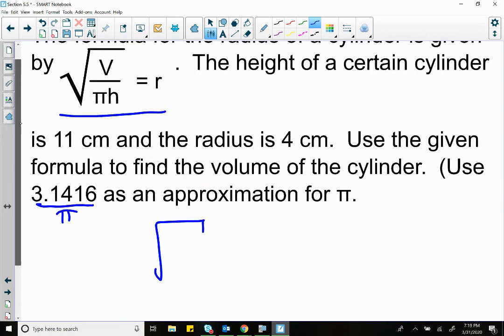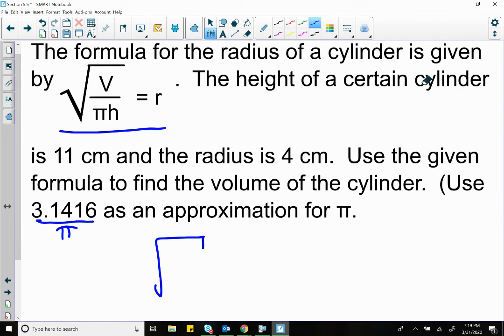So all they want us to do is plug into that. So first things first, it says the height of a cylinder is 11 centimeters. So that's H. So kind of plugging in what I know. Down here, this is 3.1416 because that's pi. My H that's down here is 11.